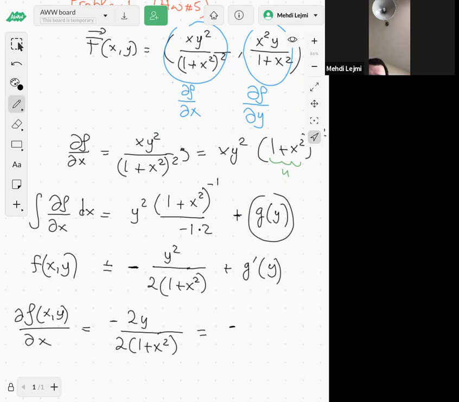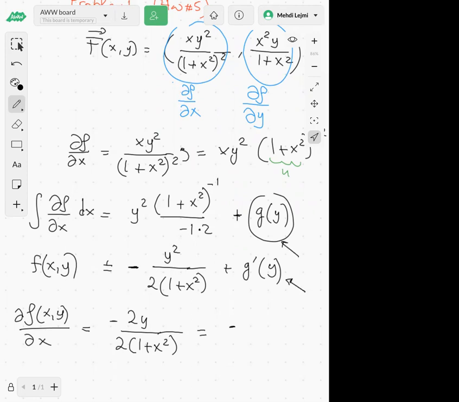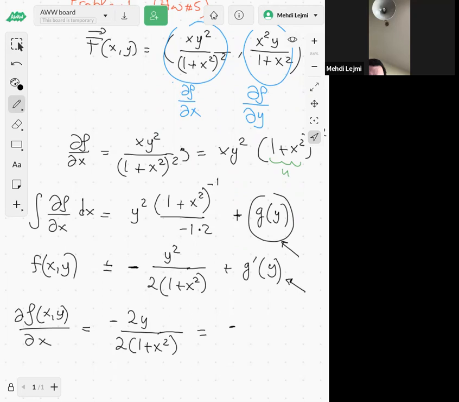Did you forget this g of y, this function of y? No. Okay, so this is supposed to be plus the derivative of g with respect to y, and this is supposed to be equal to x squared y over 1 plus x squared.